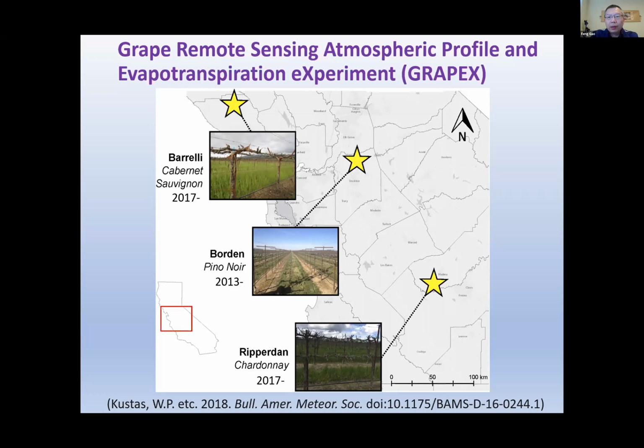I'm going to use all the data from this experiment period for LAI mapping. For the Borden site in 2013, we mainly relied on the Landsat data, and for Borelli and Ripperdan in 2017, we used harmonized Landsat and Sentinel-2, and also for the Borden site since 2017.